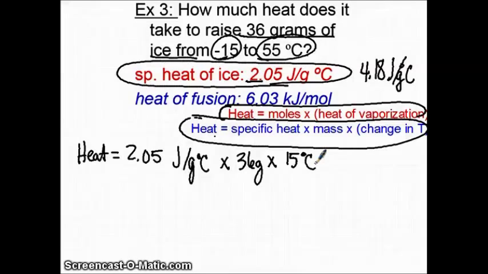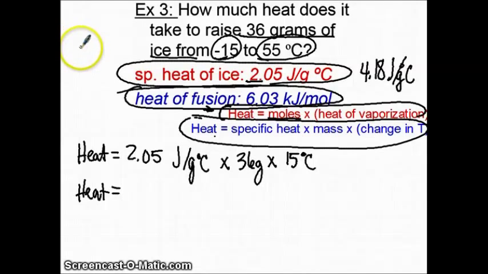And then we got to melt the ice. So we need this equation here, where we have heat equals moles times the heat of vaporization, or heat of fusion. In this case, we're going to use heat of fusion, which is right here. So we have heat is equal to, but we need this mass in moles. We have 36 grams, but we need it in moles.